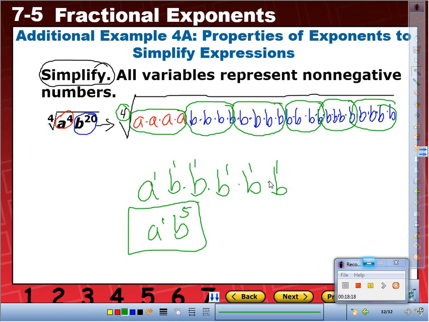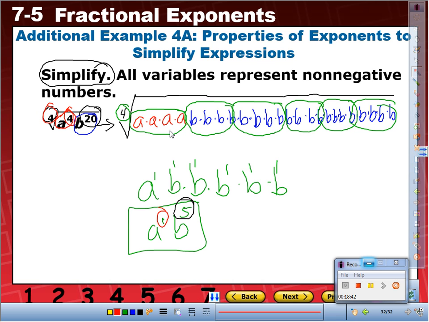Now check this out. Pens down, eyes up here. See if you see what I see. Something happens to this and this to give me this. Something happens to this one and this one to give me that one.